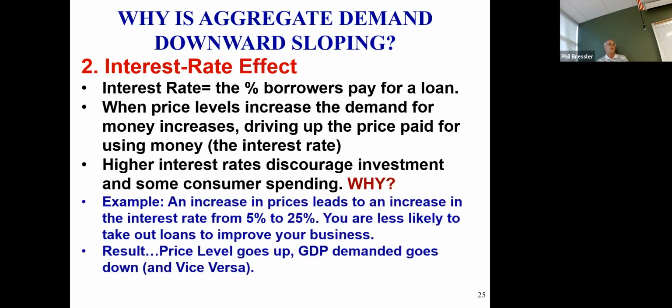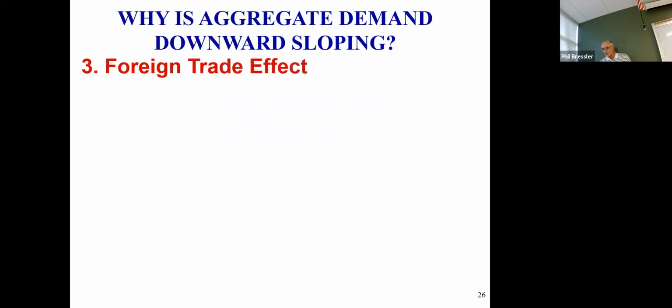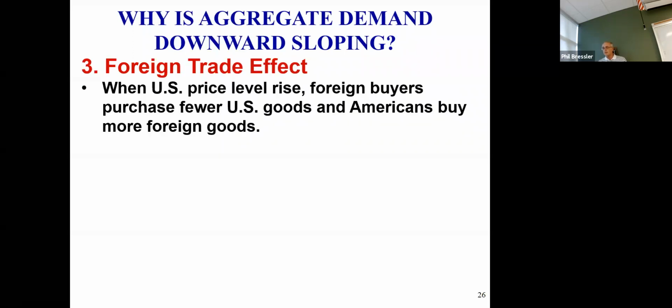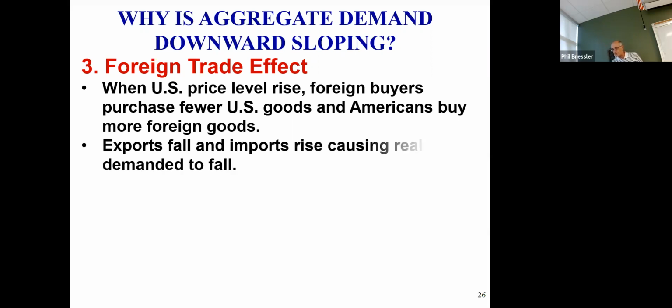So we've got the wealth effect and real balance effect, which is purchasing power. We've got the interest rate effect. And then the third thing, foreign trade. When price levels are up in the United States, people do not want to buy our goods, so exports go down, another ingredient of aggregate demand.